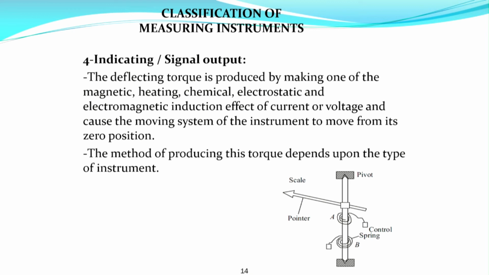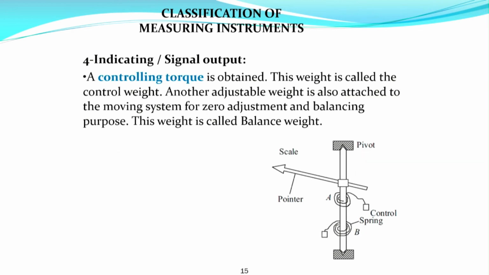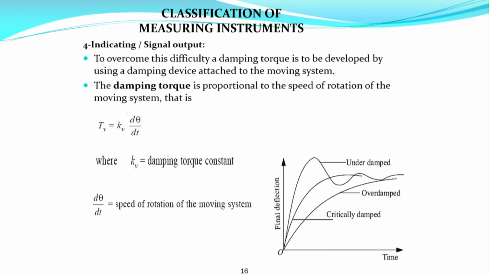The method of producing this torque depends upon the type of instrument. And for the controlling torque, a weight is used. This weight is called the control weight. Another adjustable weight is also attached to the moving system for zero adjustment and balancing purposes. This weight is called the balance weight.